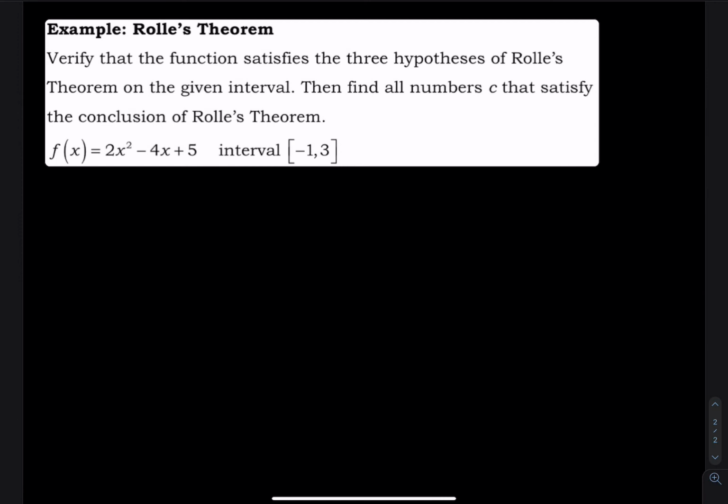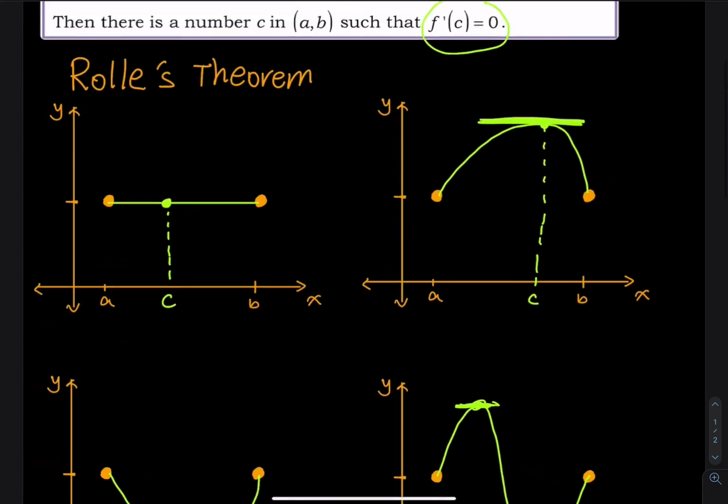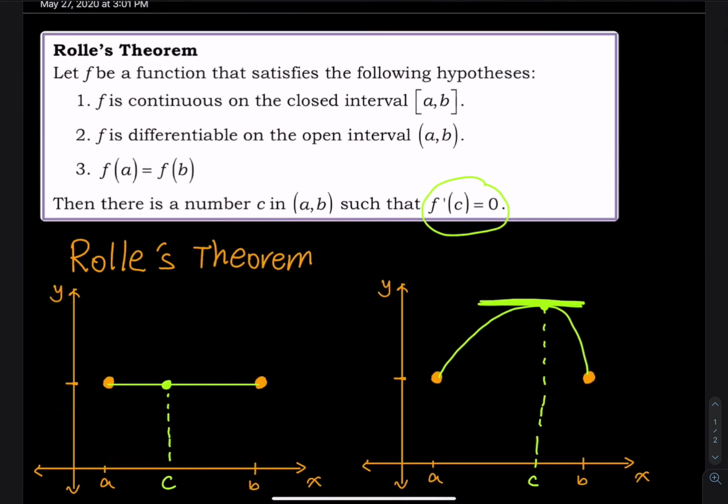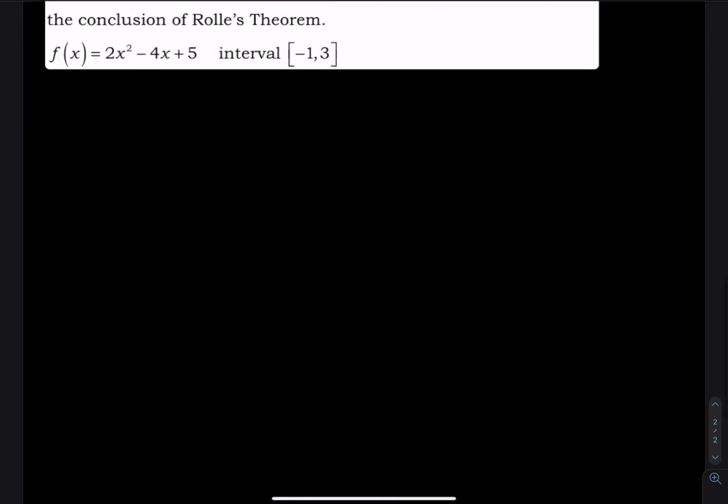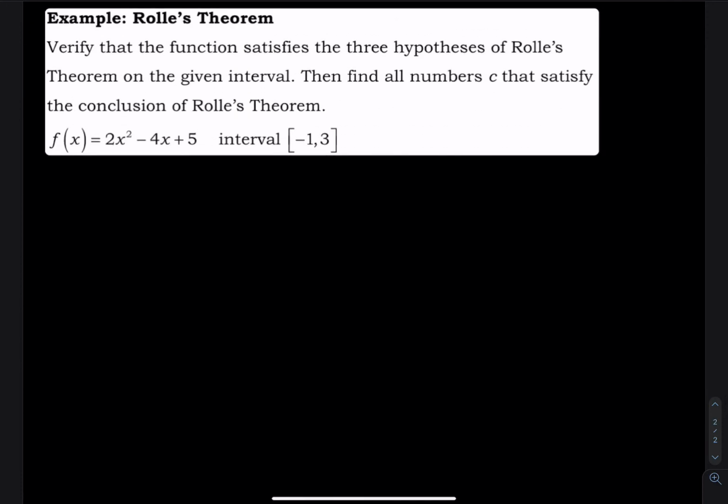Okay, so what is the first thing that we have to check? You can go back to the top of the video: continuous and differentiable, right? How do we check continuity and differentiability? How do I know this function is continuous between -1 and 3?